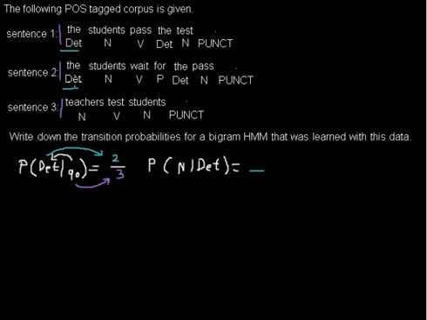So we have 1, 2, 3, 4 determiners. And let's see how many of them are followed by a noun. We have 1, 2, 3, 4. So all 4 are followed by a noun. And this gives us a probability of 1.